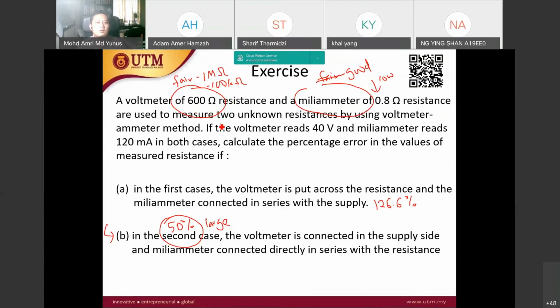So in both cases there will be error, but in the first case the error is significantly large. You see, it is more than twice the actual value of the estimated resistance. Okay.